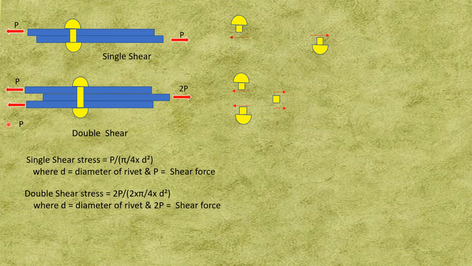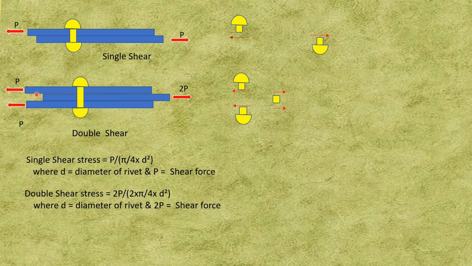Now if P increases and there is a failure, and the middle plate moves towards the right, the rivet breaks into three pieces: one part in the top plate, one part in the middle plate, and the third part in the lower plate.